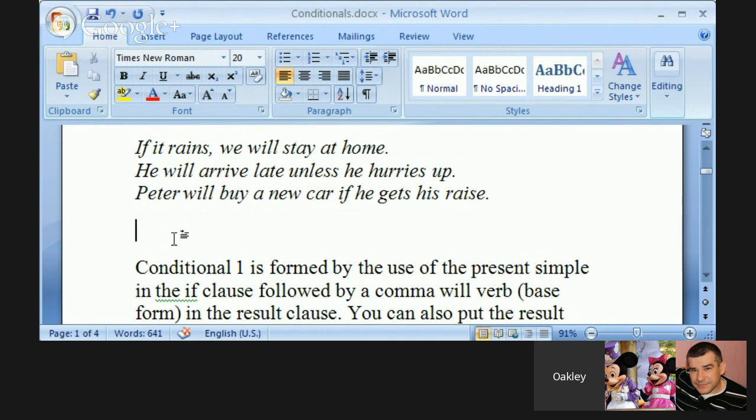If I were study more, I will pass the exam. Okay. Did you say if I were? It's the second conditional. Sorry. Yeah. I have to write first conditional. Okay. Please. Yes.